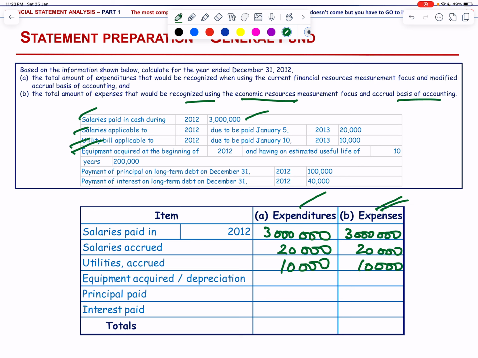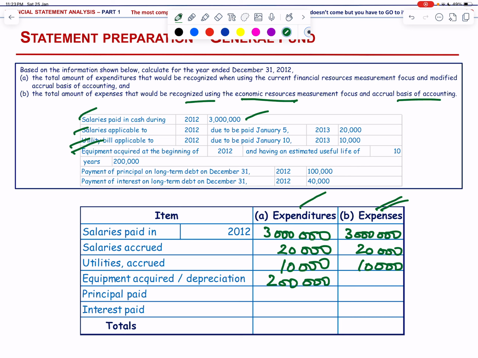Therefore, the purchase of equipment is recorded as an expenditure, and that is going to be 200,000. Now, under the accrual basis, capital purchases are not expensed in the year of acquisition. Instead, the purchase is going to be capitalized as an asset and depreciated over its useful life.